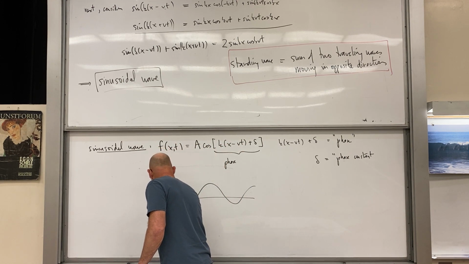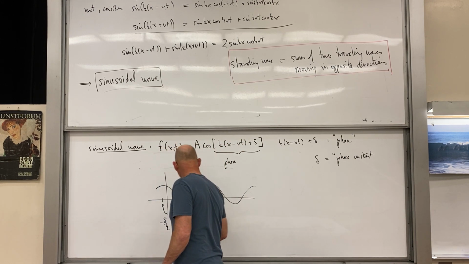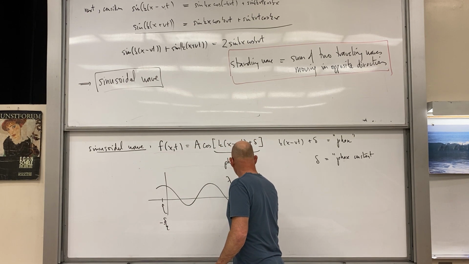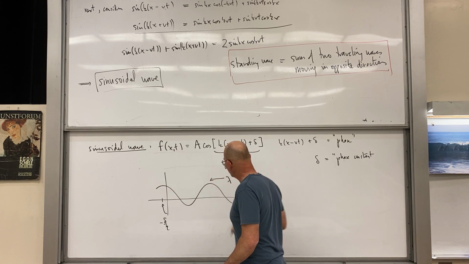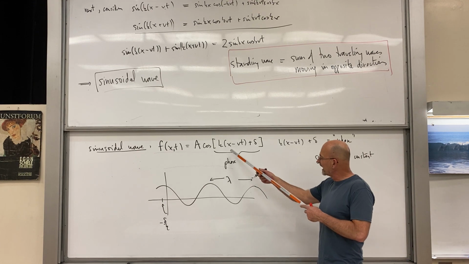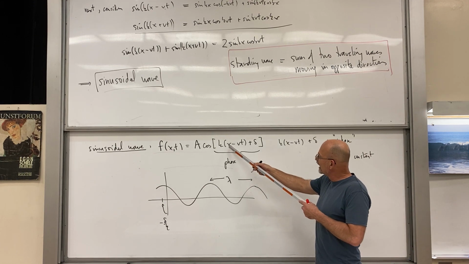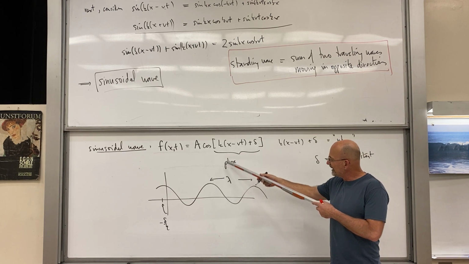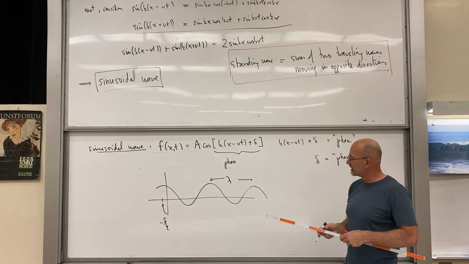Shift this by delta over k, but the wavelength we're just going to call peak to peak. And then we'll be able to relate k times the wavelength being equal to 2 pi apparently.